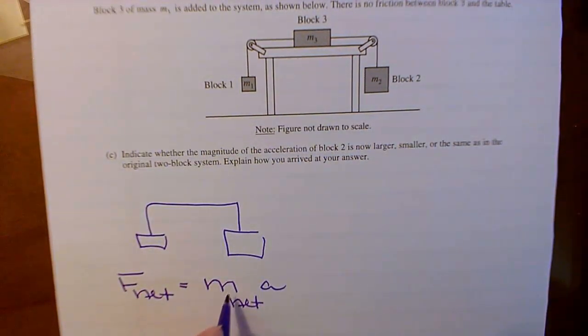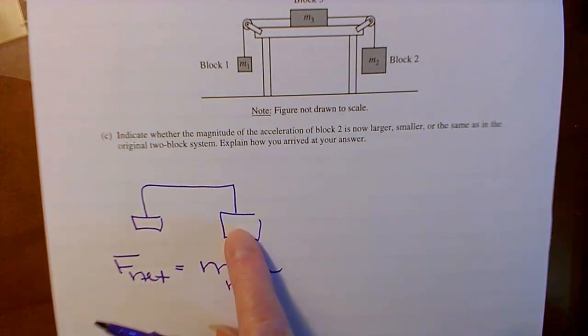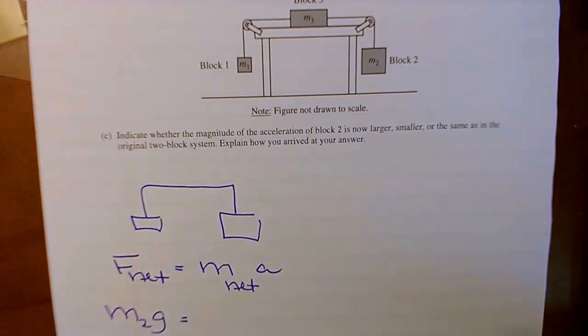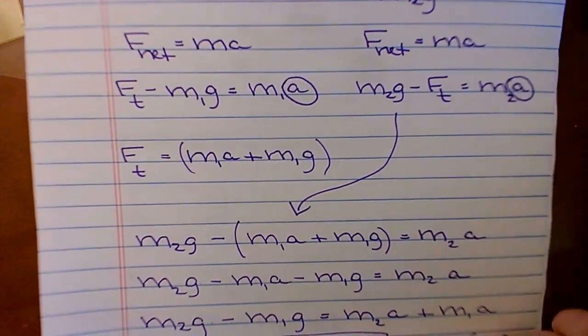F net becomes what moves this system. What moves this system is this heavy mass, so I'm going to call that M2G. And then what is this heavy mass moving? If he was the engine of the train, what would he be pulling? Well, he would be pulling mass 1 plus mass 2. And then the acceleration is equal to this.